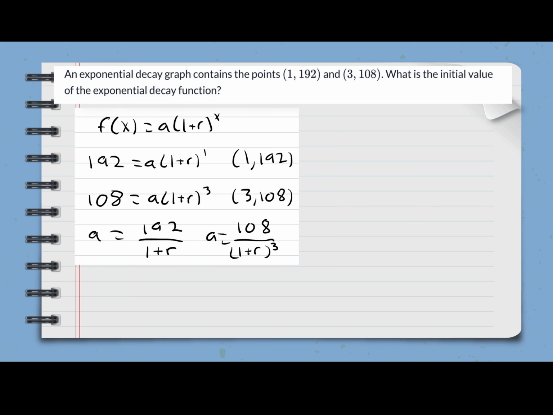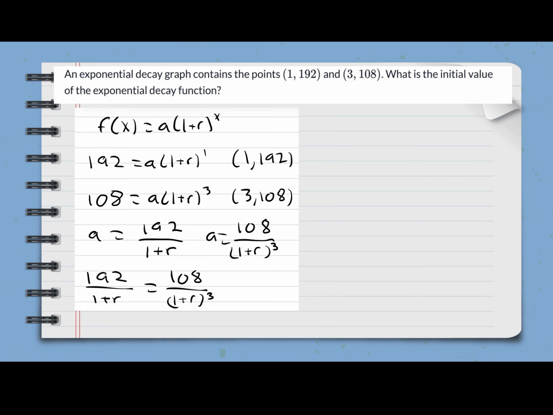So we just divide by 1 plus r to either the first or third power, depending on the initial conditions we use. And then we put them equal to each other because, again, a equals 192 over 1 plus r, and then a also equals 108 over 1 plus r cubed.